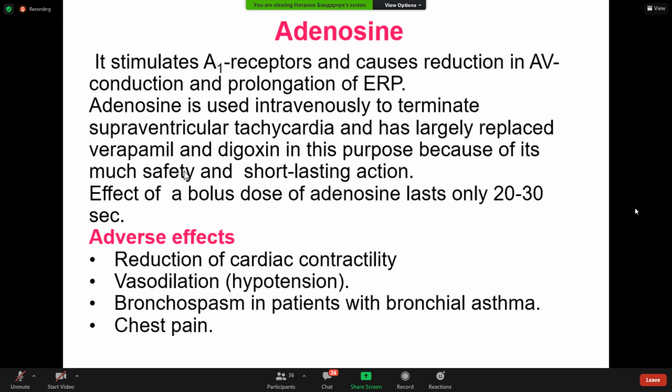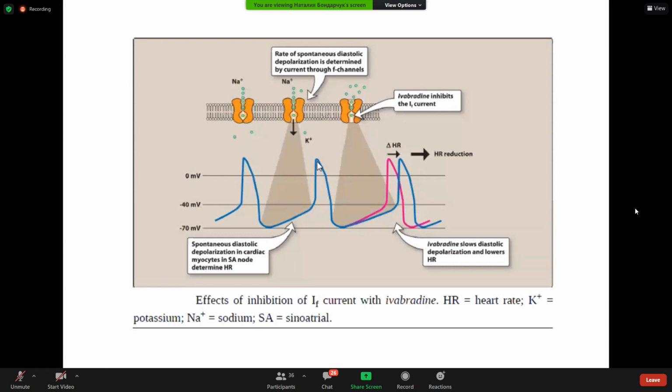Not verapamil, not digoxin. These drugs have long onset of action, so it's better to use adenosine instead of verapamil and digoxin. To treat supraventricular tachycardia or flutter, supraventricular flutter.